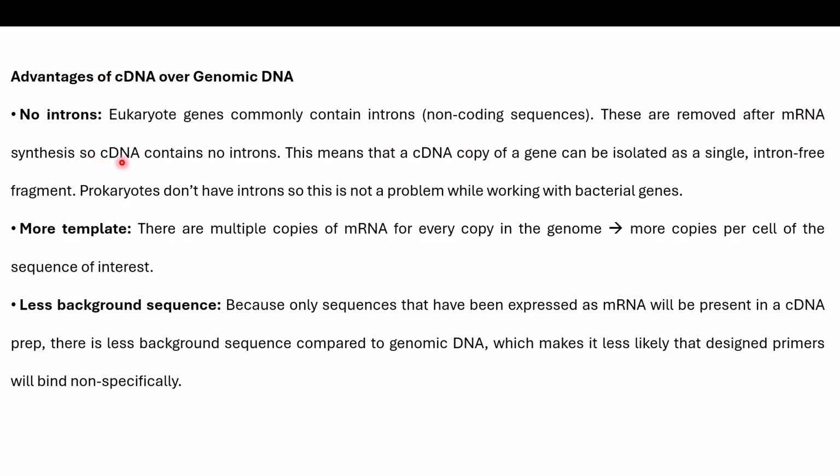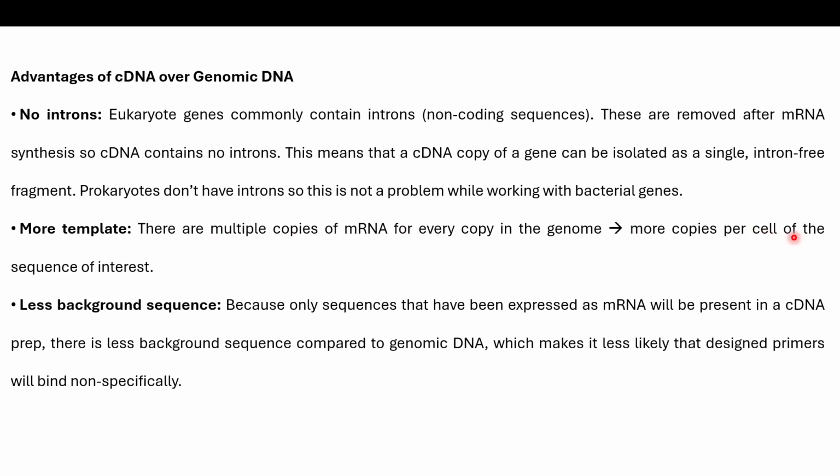So this cDNA does not contain any intron, so a cDNA copy of a gene can be isolated as a single intron-free fragment, right? But prokaryotes anyway don't have introns, so this is not a problem. But in general, cDNA is much more advantageous than genomic DNA in the case of eukaryotes. Definitely, you can also have more templates, because there are multiple copies of mRNA for every copy in the genome.